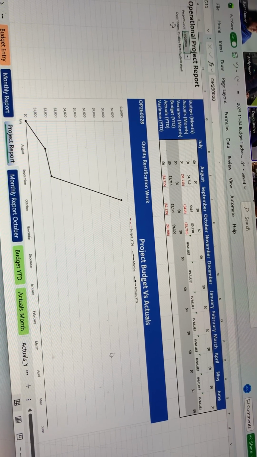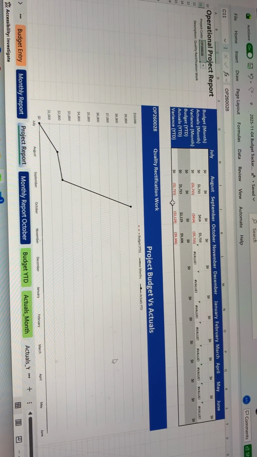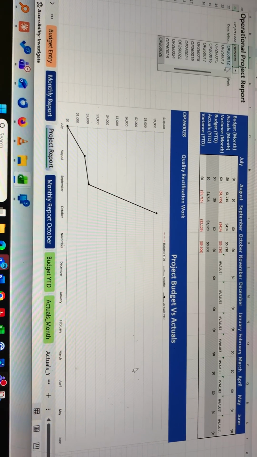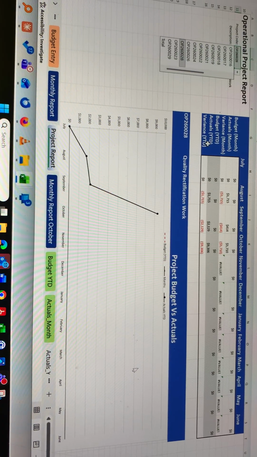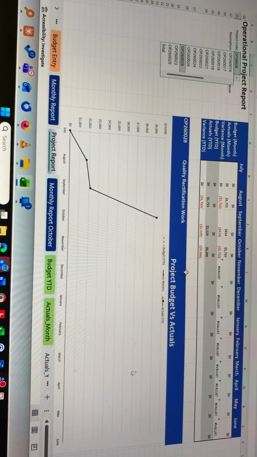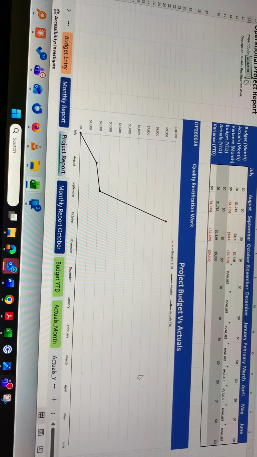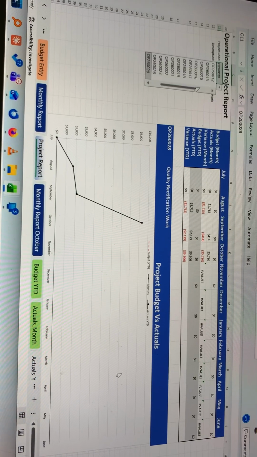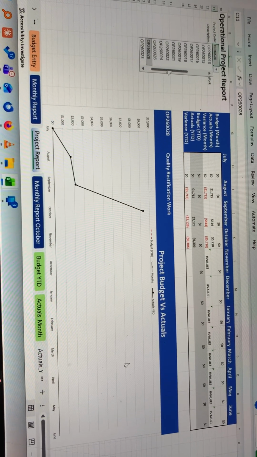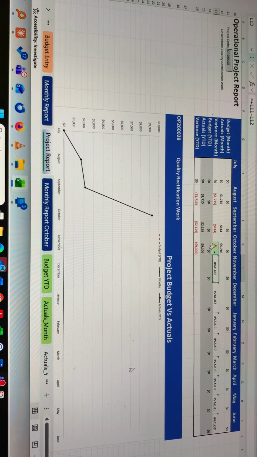Quality rectification. There is no budget per se for that. But we had a damaged mag flow meter while we're completing other works last month, and a bit of that cost will probably hit this month. So we had to replace a mag flow meter. It was about $7,000, plus your commissioning.